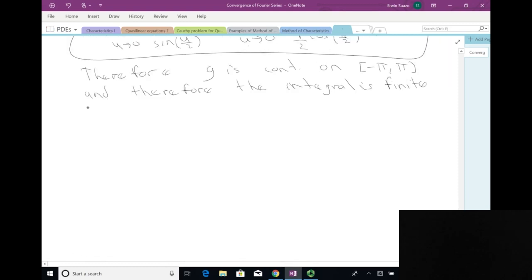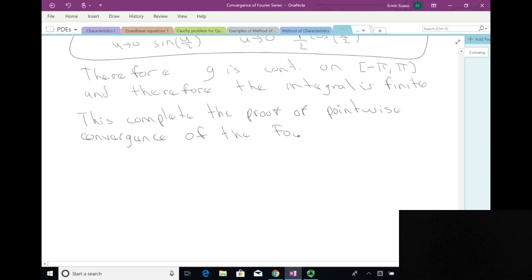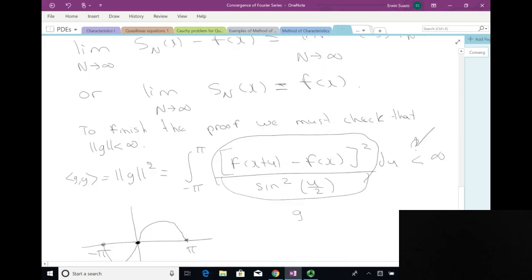So this completes the proof of pointwise convergence for the Fourier series of any differentiable function. Okay, so we are done. That's the end of the proof.